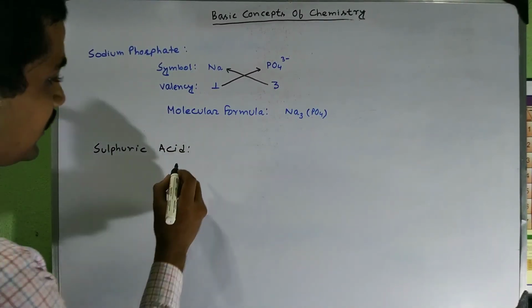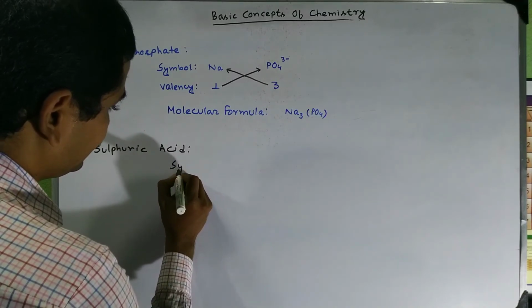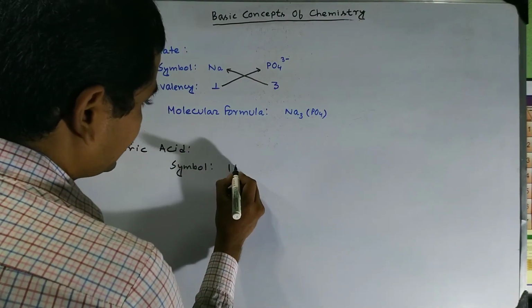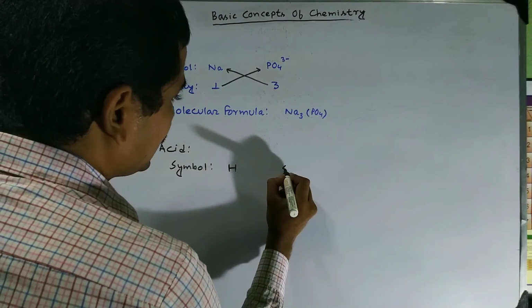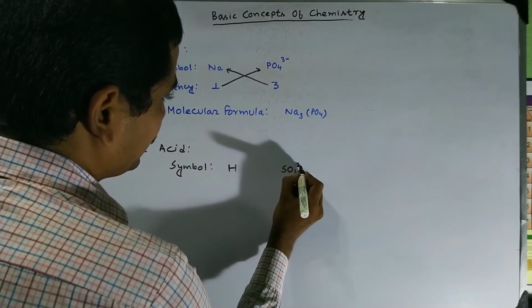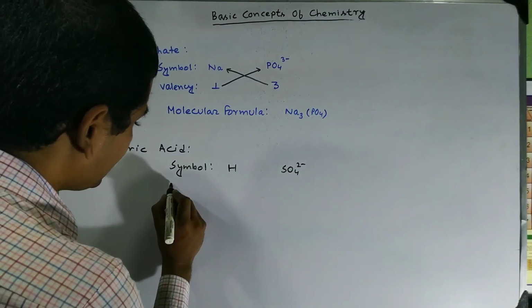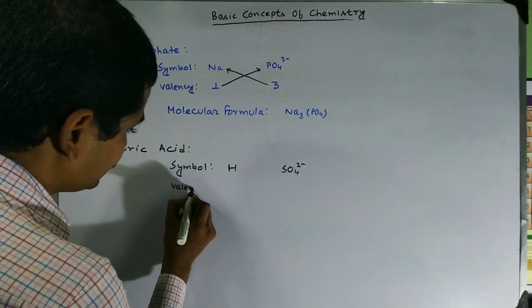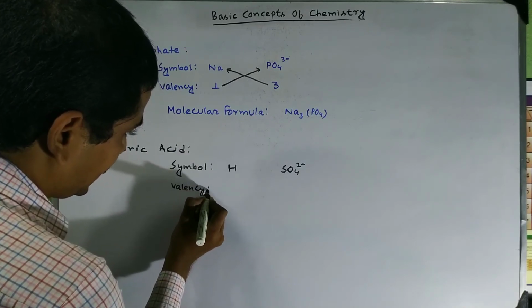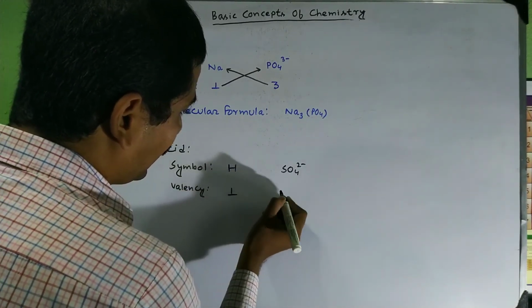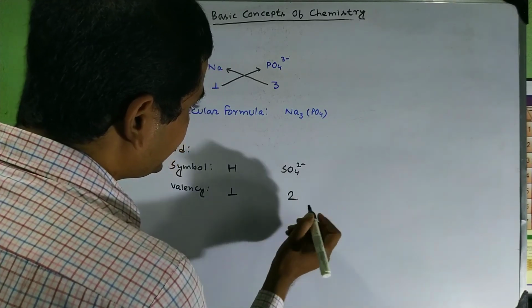Sulfuric acid. Sulfuric acid contains which elements? The symbol of hydrogen and the symbol of sulfate, SO4 2 minus. It's also a radical. Now what is the valency? Hydrogen valency is 1, sulfate valency is 2.